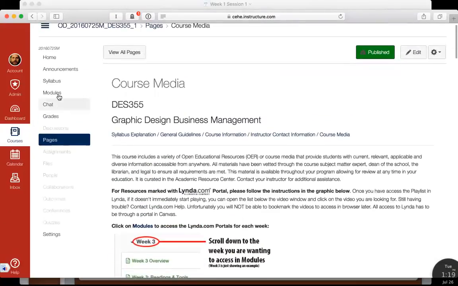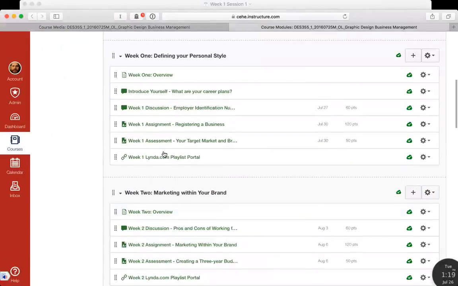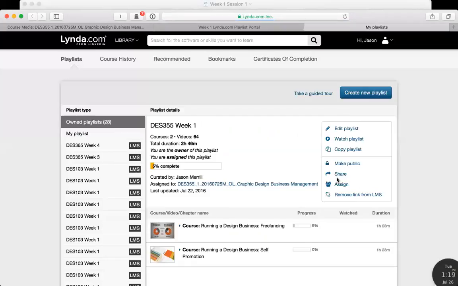If I go over to the modules and go to my week 1 lynda.com playlist portal and click this button to open lynda.com, I'll see a different view than you would. Yours would take you right to the playlist. Since I'm an instructor, it takes me more to where you edit the playlists.